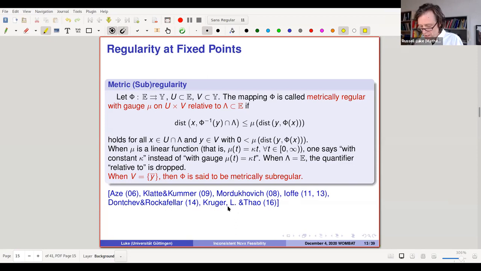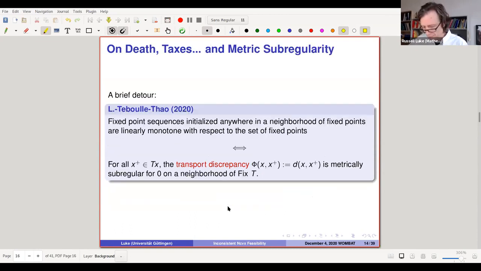Alex, Tao and I wrote a math programming paper where, as everybody knows, this is deeply connected to all kinds of other notions: weak sharp minima, the KL property, error bounds. But for me, this definition is the central organizing principle.